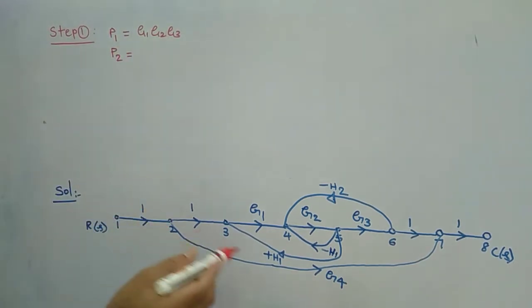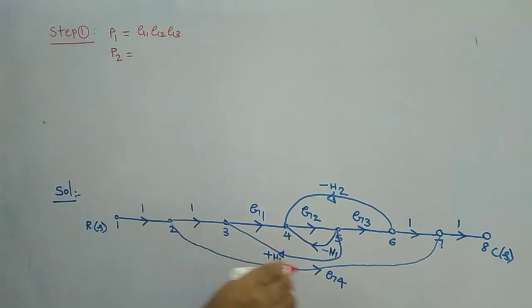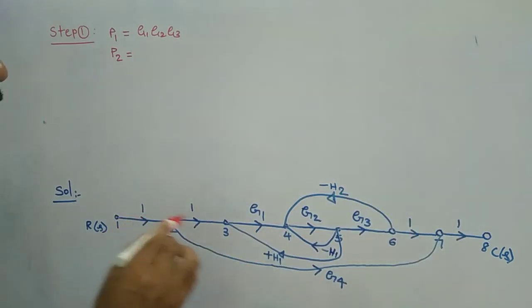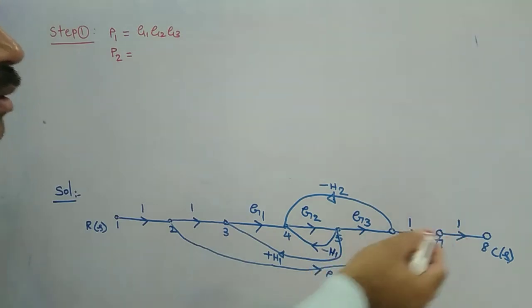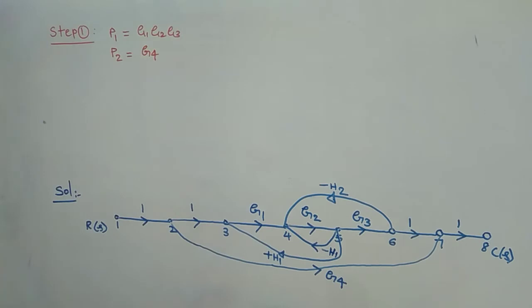And what is the path gain for this path? That is nothing but 1 into this gain G4, and then here this gain 1, means 1 into G4 into 1. What is that? G4 only.